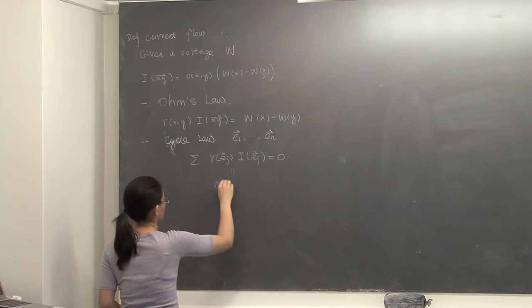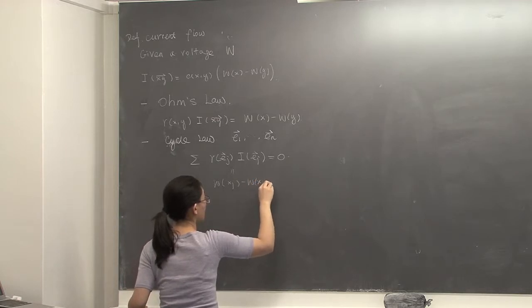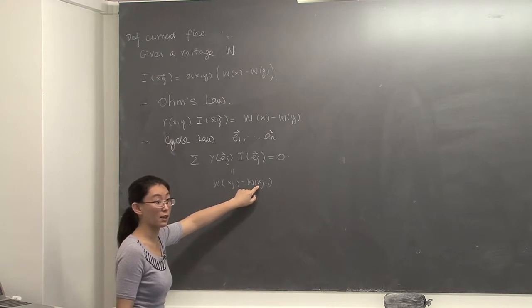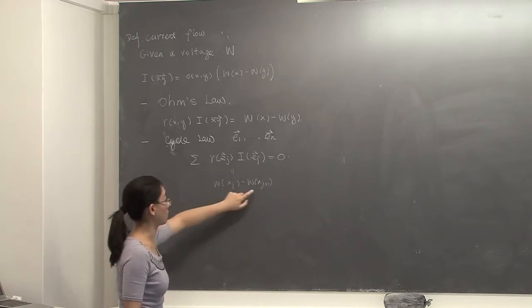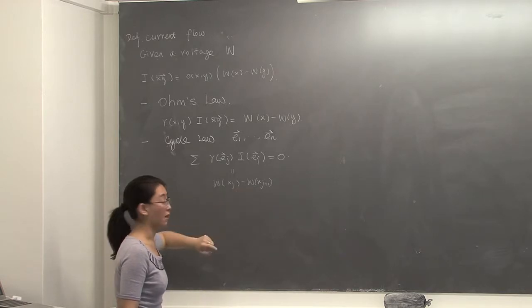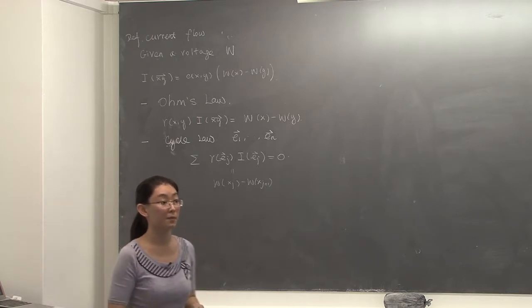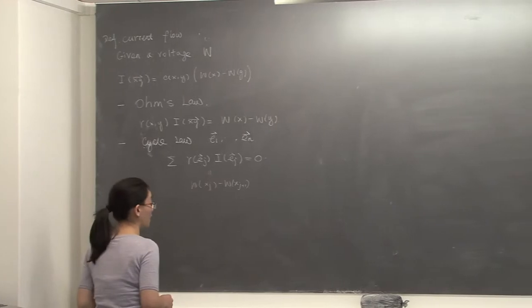Suppose e_j has the starting point x_j and has the ending point x_{j+1}. Then we know that resistance times the current flow equals the difference of the two voltages. And then we sum it over one cycle. Of course, this will give a 0. Okay, current flow satisfies the cycle law.